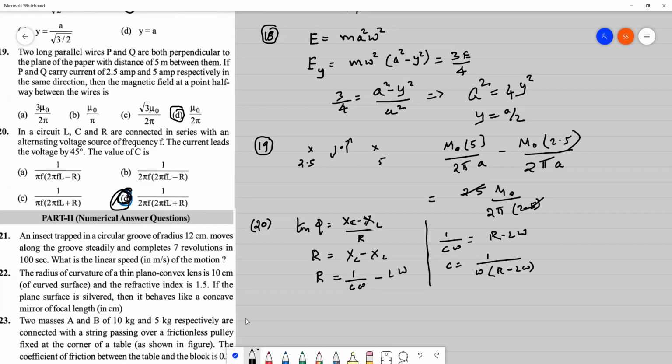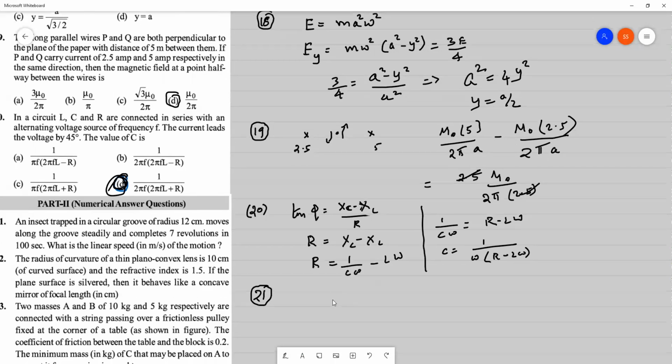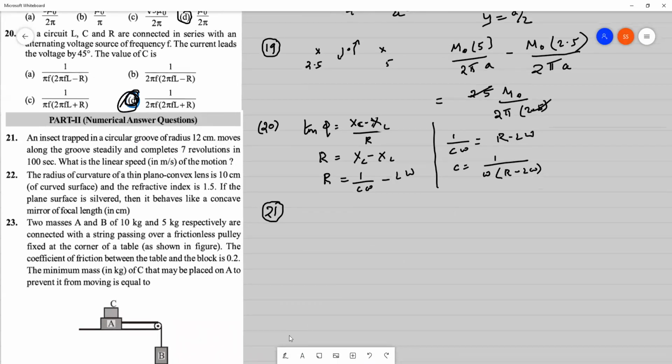So next is the 21st problem. An insect trapped in a circular groove of 12 centimeter moves along the groove steadily and completes 7 revolutions per second. So the frequency is 7 revolutions per second.